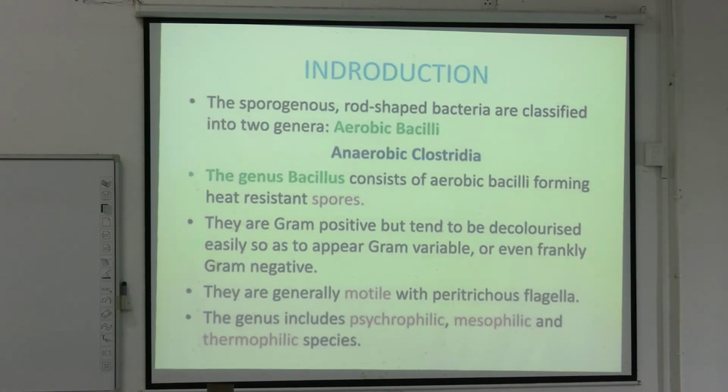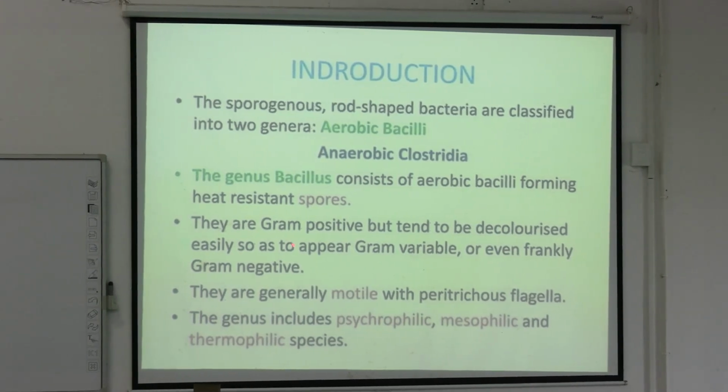They are gram positive but tend to be decolorized easily, so as to appear gram variable. They are generally motile, but Bacillus anthracis is non-motile. There is no flagella, capsule is there. But this one is motile; it has flagella.